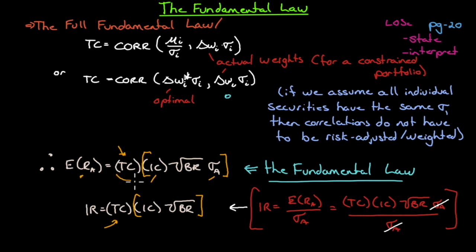Well, if all of this is expected active return, let's stick that in the numerator over active risk, and notice these two cancel out, so your information ratio is the multiplication of those 3 things. So we can see that the expected return equals our information ratio multiplied by risk, because all of this is all of this, right? Nice and simple, isn't it? Look how neatly that comes together.